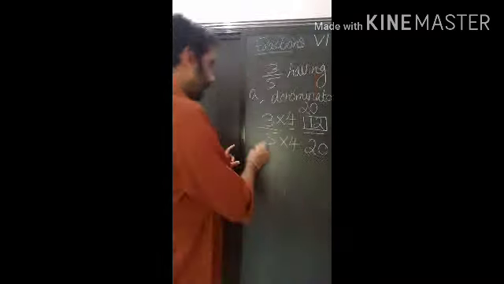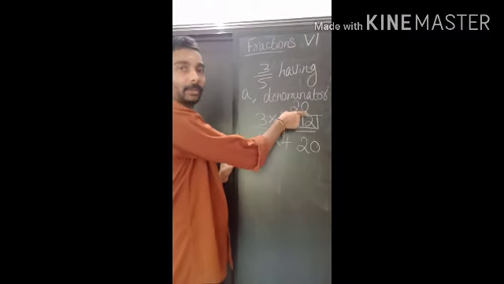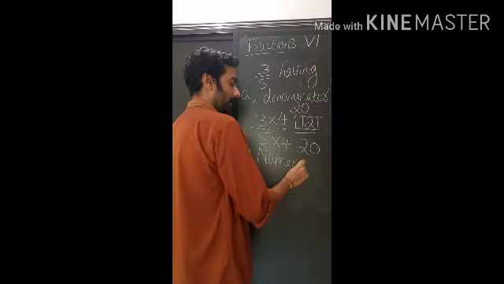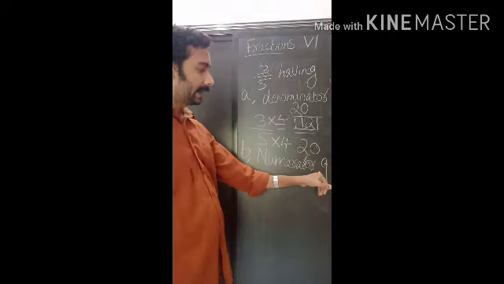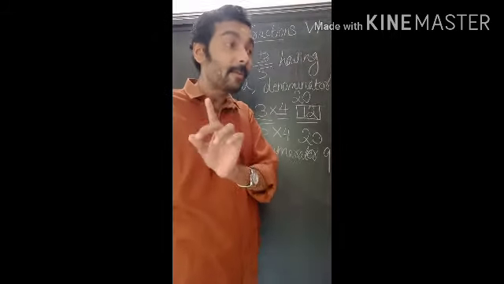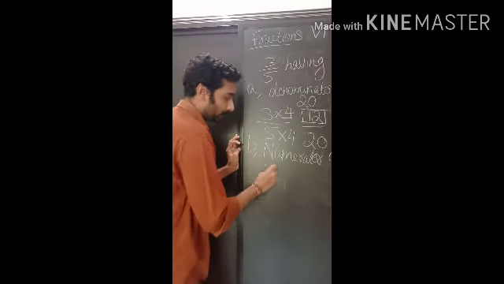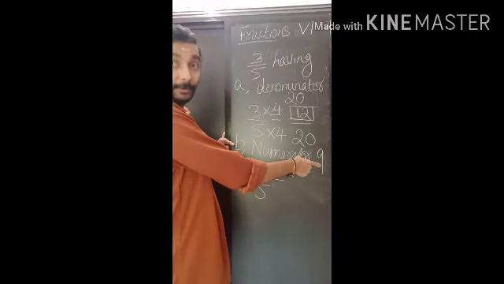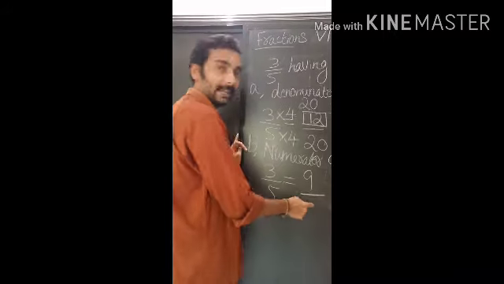Then another one, B section. The previous one was denominator 20, another one is numerator 9. The same question: write the equivalent fraction of 3 by 5 having numerator 9. Question is 3 by 5 equals 9 by box, we find this number.